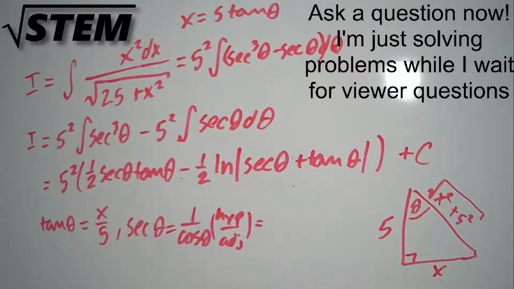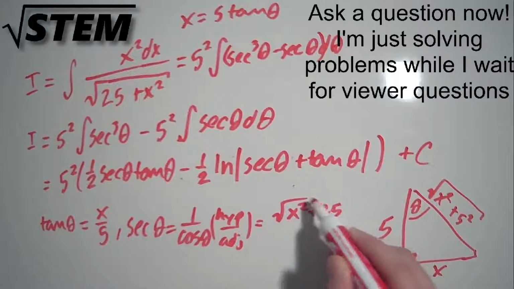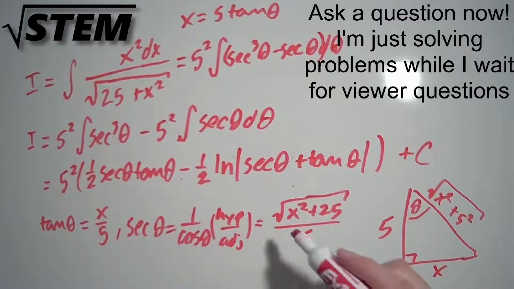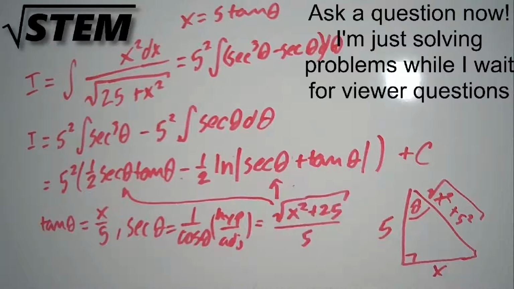So secant is the square root of x squared plus 25 over 5. So everywhere we have secant, we will plug that in. And this is just going to be a grand old time.